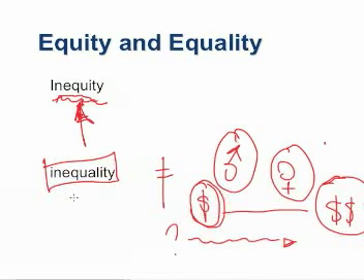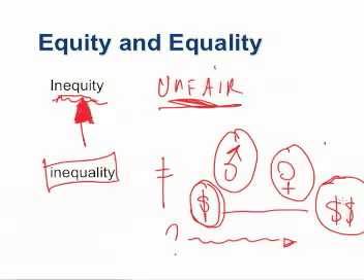So inequality exists, it's a fact of life within the community, but public health tries to address the inequity. It's like a test of fairness. So the premise with public health is that this inequality must not lead to inequity.